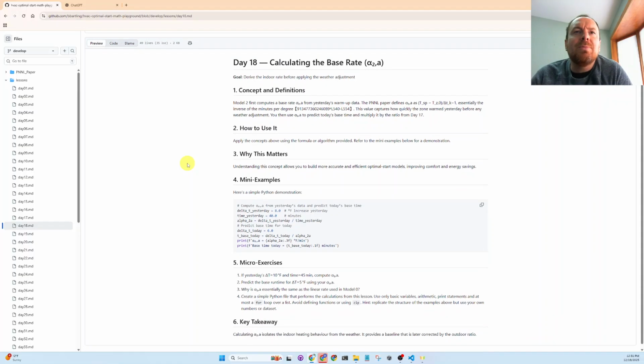I wonder if this would be a good place to stop, because then we can get into calculating these tuning parameters more tomorrow. So, which is just the ratio. Maybe this would be a good place to stop.